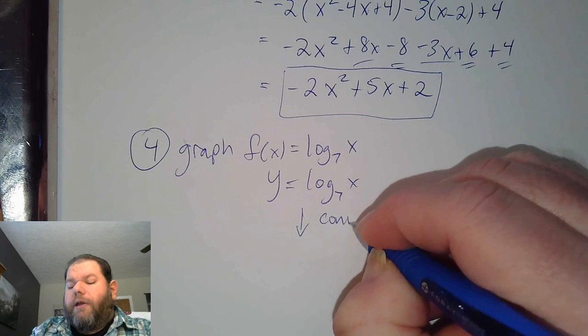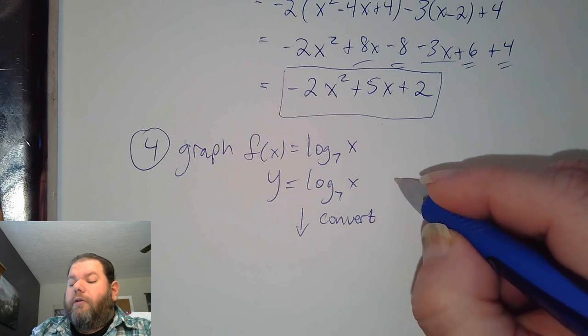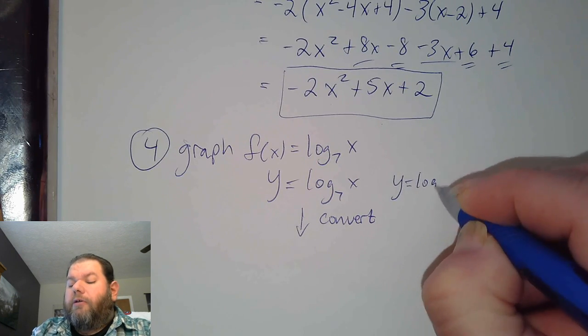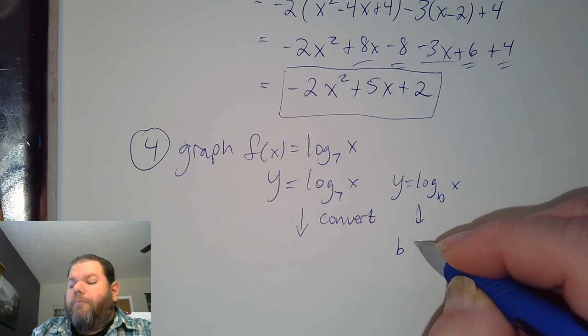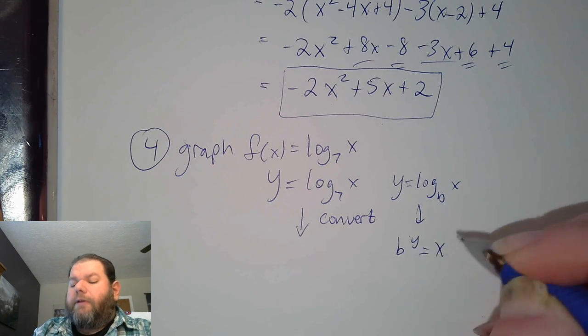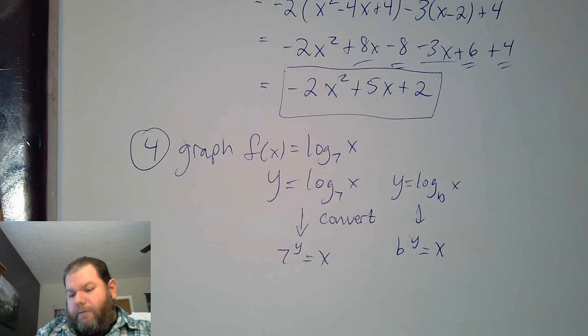We convert that. This is y equals log base b of x. It becomes b to the y equals x. So 7 to the y equals x.